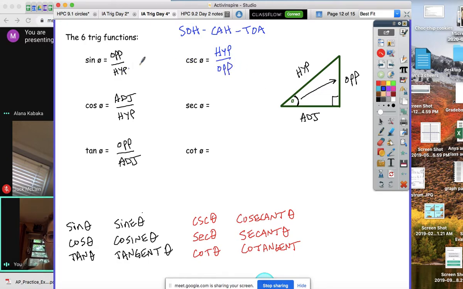So cosecant and sine, that's kind of why I have them written next to each other. They're reciprocals. And then secant and cosine are reciprocals. So if this is adjacent over hypotenuse, then I flip it and it'll be hypotenuse over adjacent. And then cotangent and tangent are reciprocals. So if I had opposite over adjacent, I flip it and now I have adjacent over opposite.